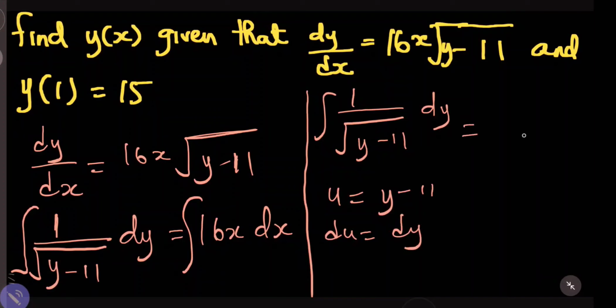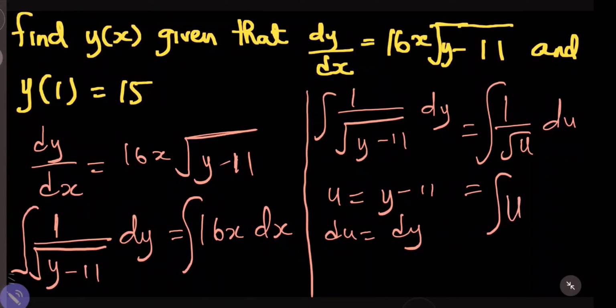So this can be rewritten as the integral of 1 over root u du, because dy is equal to du. And root u is the same thing as u raised to power half, so 1 over root u would be u raised to power minus half du.